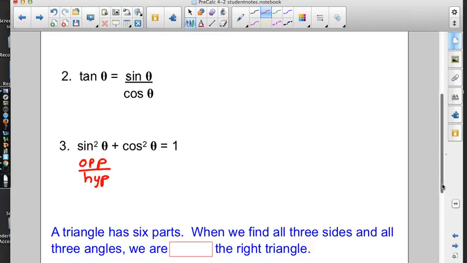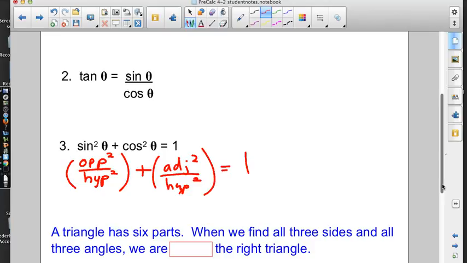So they're telling me if I square that, and I add, let's see, cosine is adjacent over hypotenuse, adjacent squared over hypotenuse squared, that's supposed to work out to be 1.